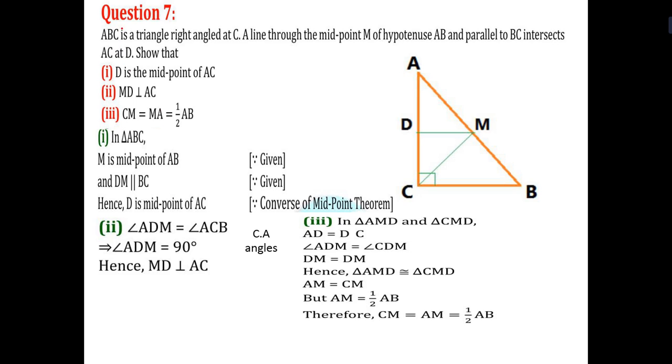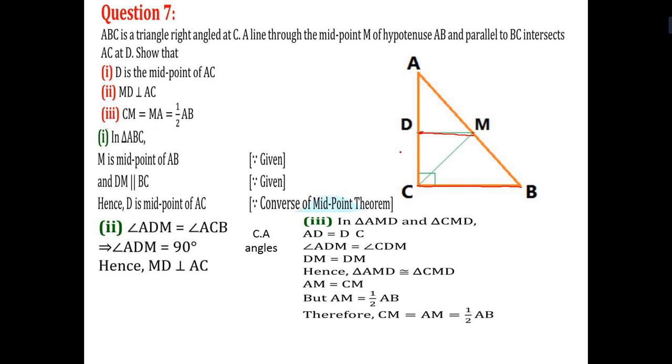Now ABC is a triangle, right-angled at C. A line through the midpoint M of hypotenuse AB and parallel to BC intersects AC at D. So here it is parallel, so midpoint theorem we can apply.